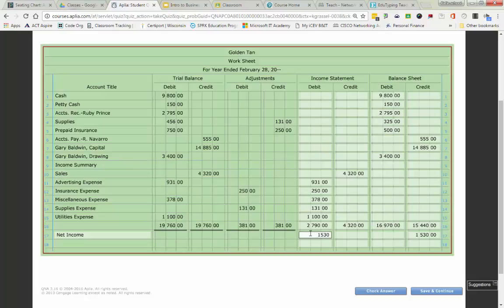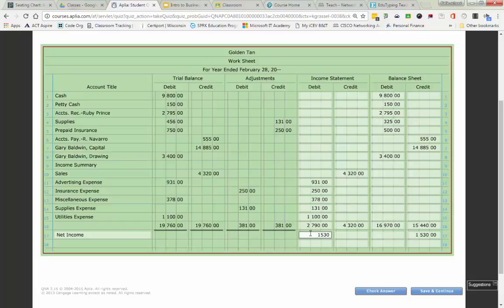The big thing that I see students do, please stop. Okay, look up here. The big thing that I see students do is they subtract these two, find a number, subtract these two, find a number, and these two numbers are not the same. The whole point of determining your net income is we look here in my income statement and find the difference. That number, that difference, goes on my income statement column and on my balance sheet.